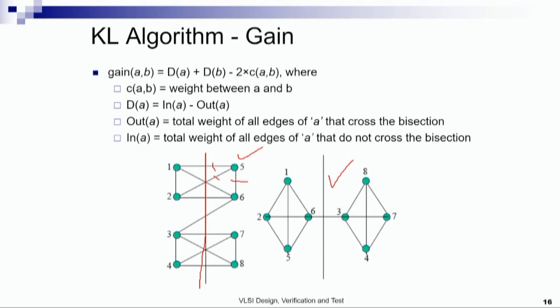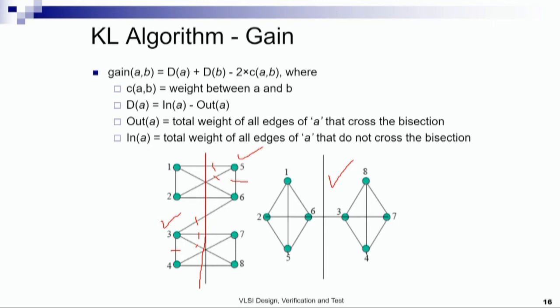Let us take another node, 3 here, for example. 3 has an in edge of 1 and there are 3 out edges. So therefore d of 3 is 1 minus 3, which is minus 2. Now let us say this pair gives me the highest gain among all pairs that we can consider.